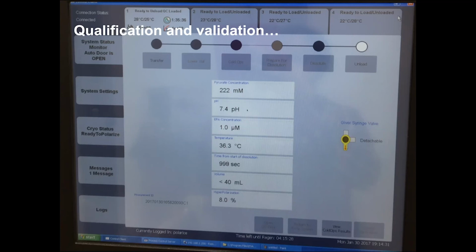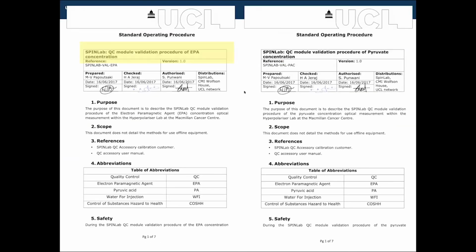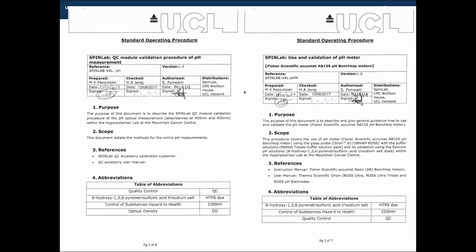So each of these numbers has a range between which we can inject, but you need to make sure that actually before you inject anyone, that that is working well and appropriately. So there's a lot of calibration, and these are just the SOPs, and a lot of pain that goes into calibrating and validating each of those components, including all the equipment that you're using to measure some of those signals.